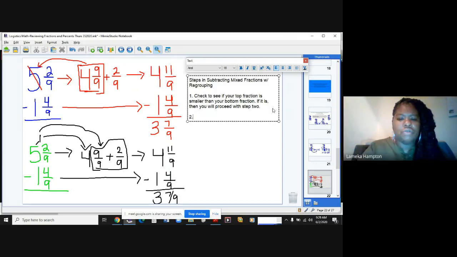Okay, step 2. You are going to borrow from your whole number by subtraction. You're going to subtract 1.